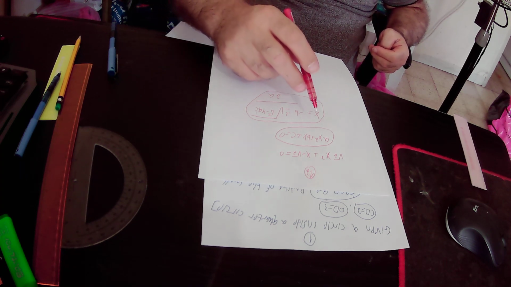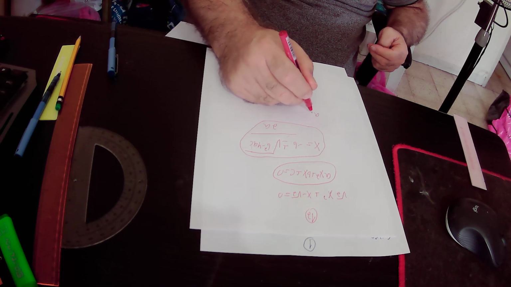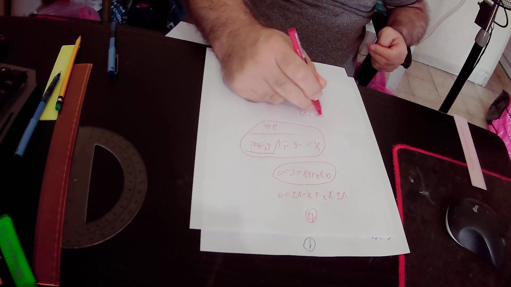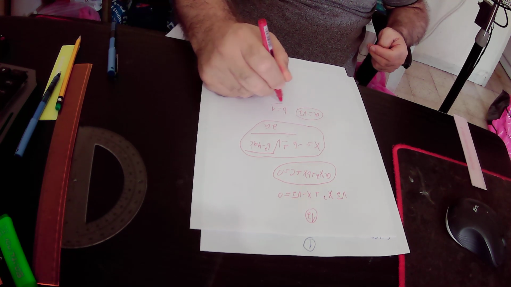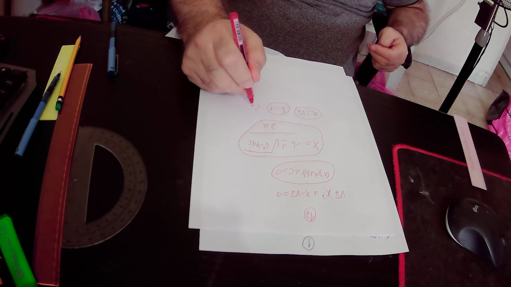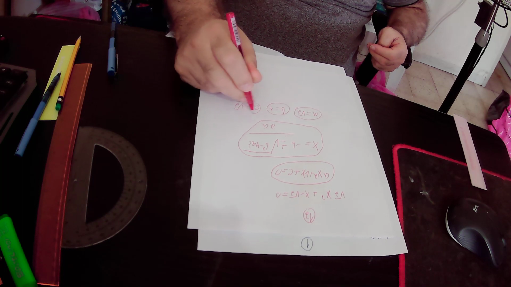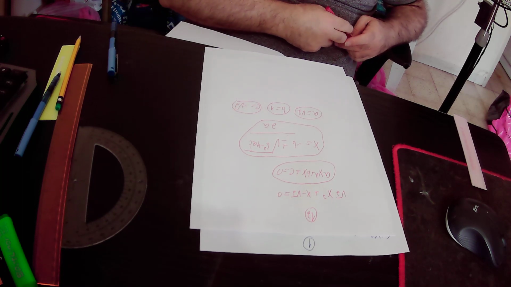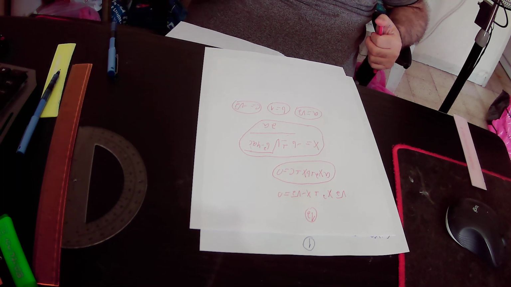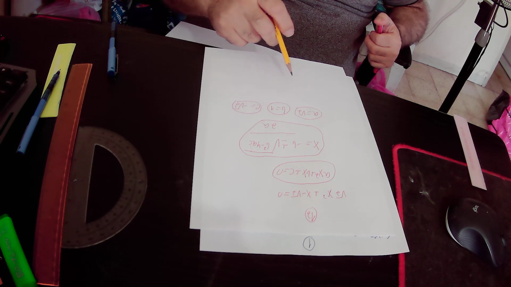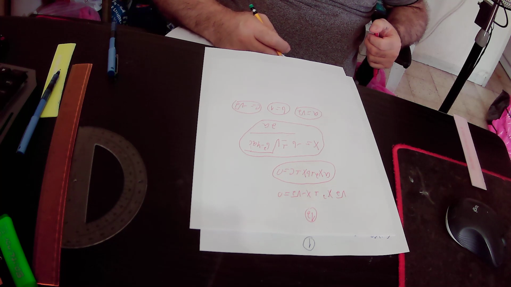So the coefficients of our specific quadratic equation are a equals root 2, b equals 1, and c equals minus root 2. Okay, so we will put the coefficients of our specific quadratic equation in order to find out the value of x.